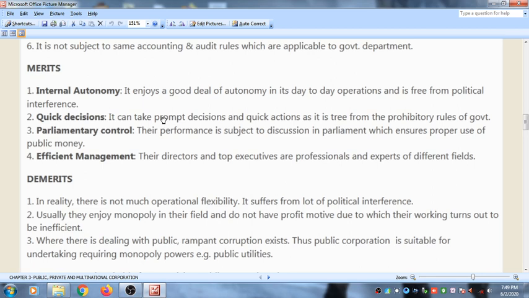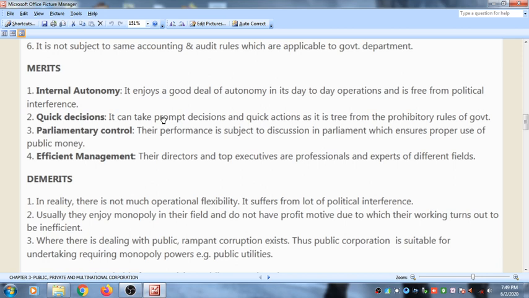Due to the autonomous setup, they have their own rules and regulations, their policies and procedures, so that they can function independently, and they are free from all political interference.